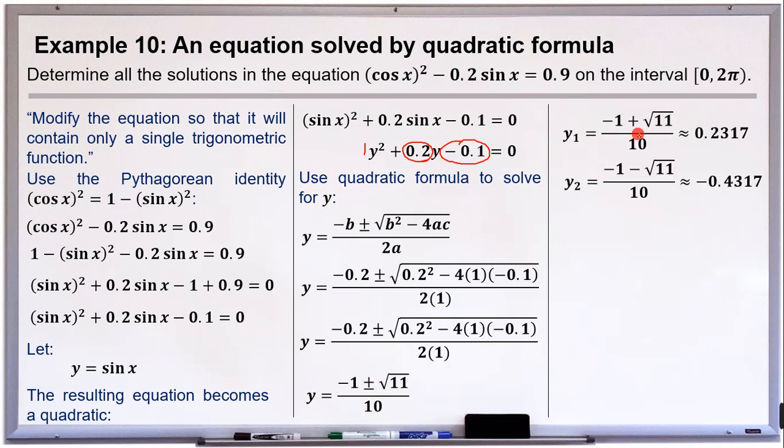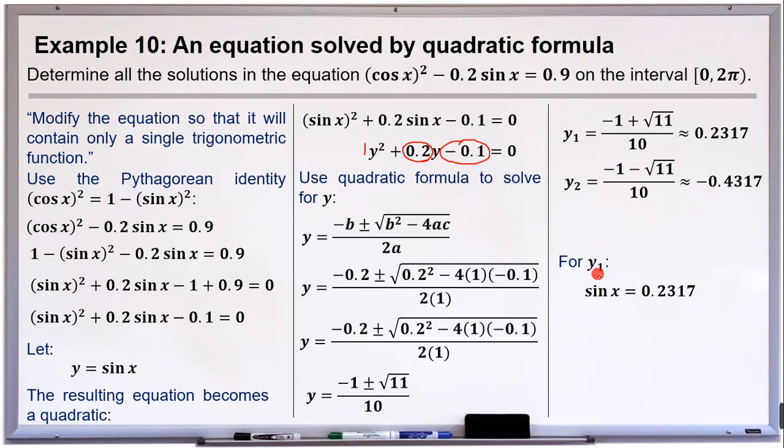So our y1 is negative 1 plus square root of 11 over 10. That is roughly 0.2317. Then the second value for our y is roughly equal to negative 0.4317. Now for the first root y1, we take sine x.